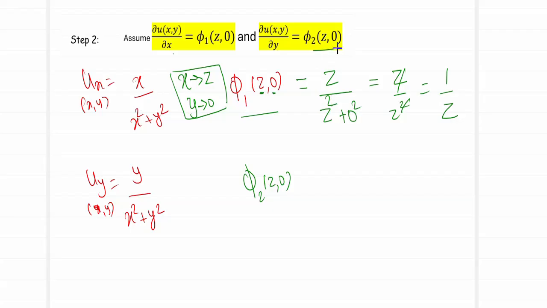What is phi 2 of z comma 0? uy with x and y replaced as z and 0. Replace x as z, y as 0. So what will happen over here? y will be replaced with 0. So what will happen to my phi 2? My phi 2 will become 0. So now I have my phi 1 and phi 2 ready with me for application.